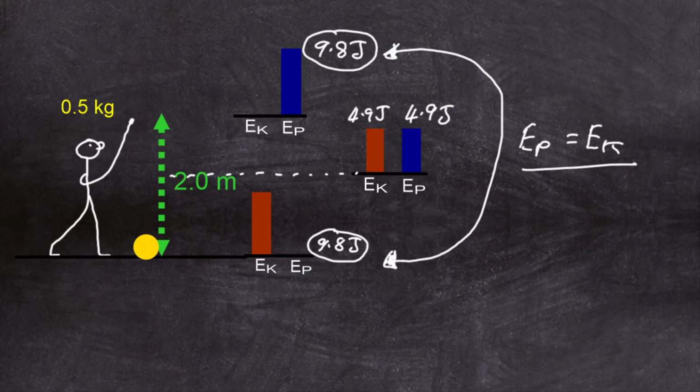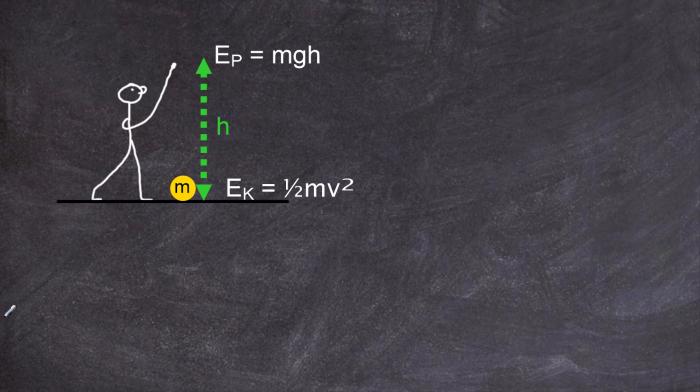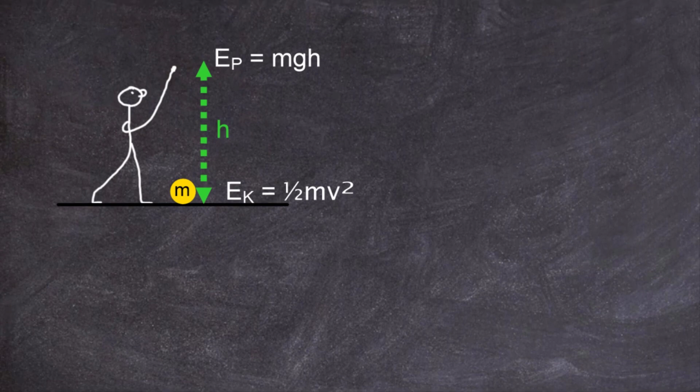Let's take a look at the algebra of that situation. Here we have a person who is lifting a mass of m kilograms through a certain height h. Now we know at this position the ball, or the mass of the object, whatever it is, will have gravitational potential energy equal to mgh.